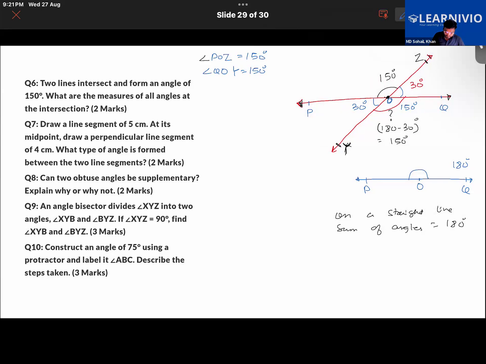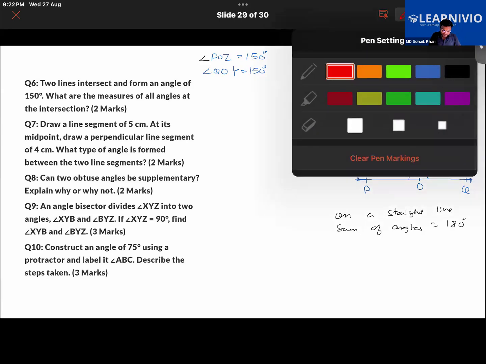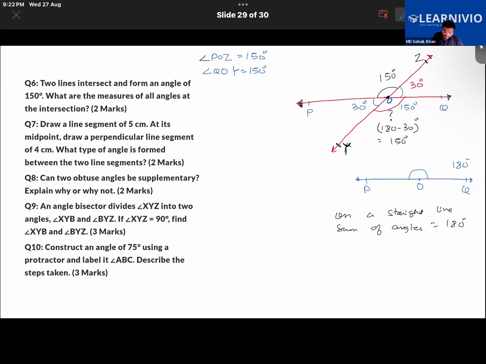Name the remaining two angles. QOZ and POY, and that is 150 degrees.